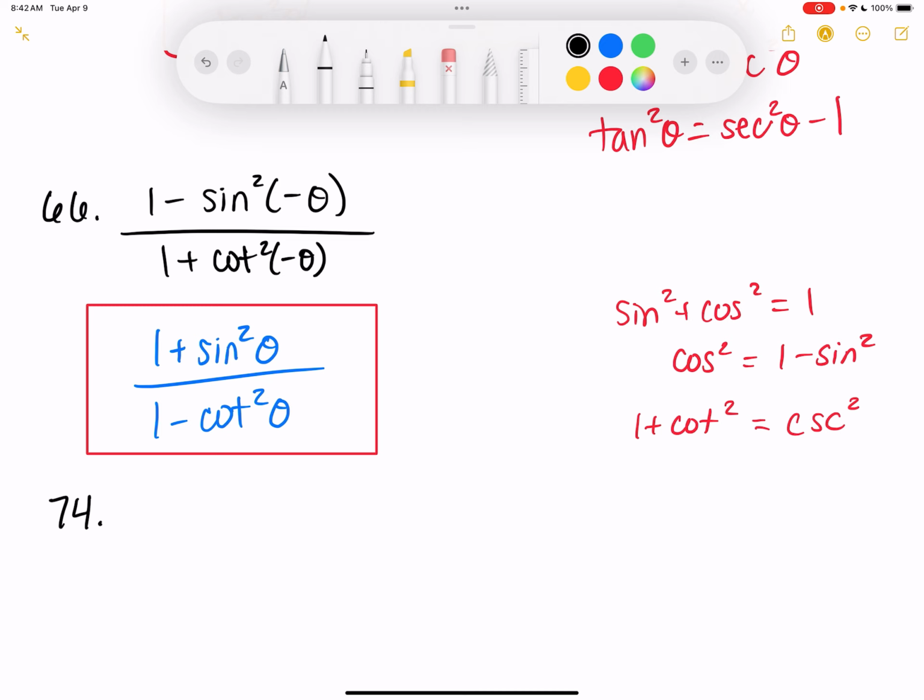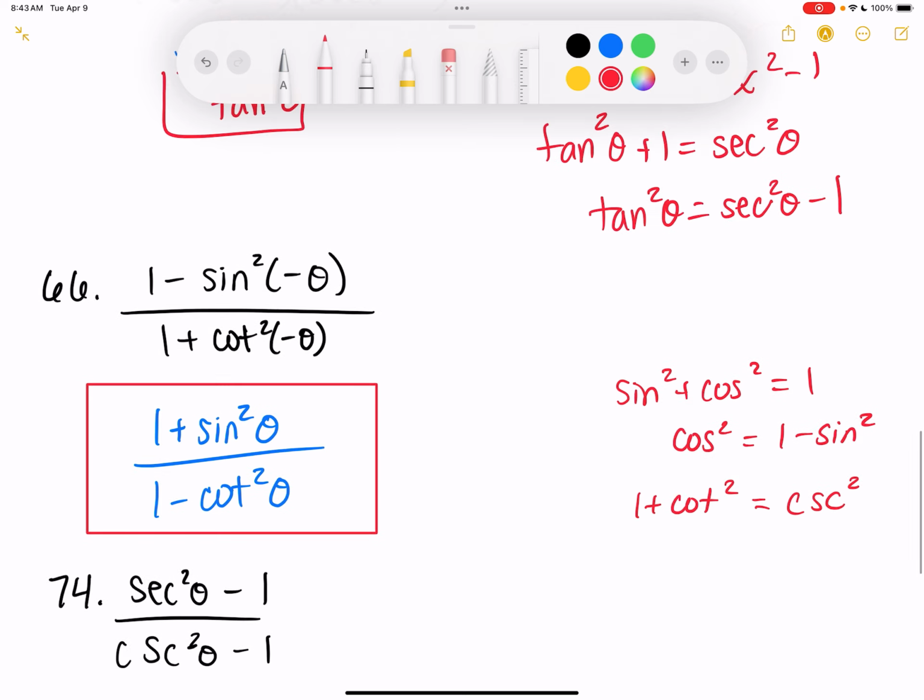74. Secant squared theta minus 1 over cosecant squared theta minus 1. So what Pythagorean identity relates this? I already have it written up here.